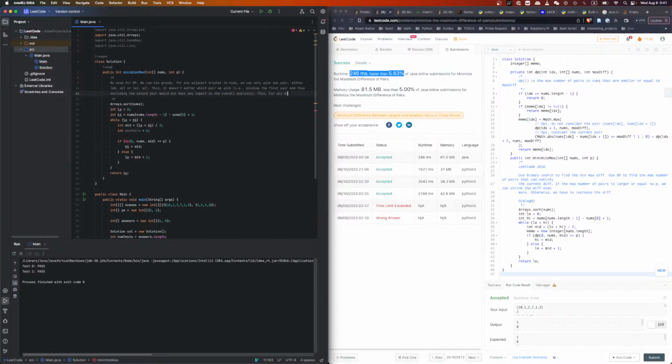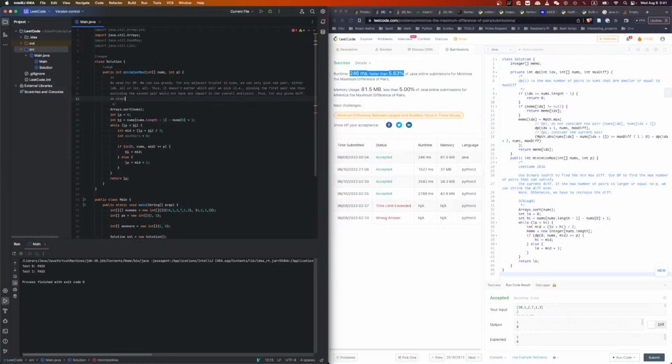Thus, for any given diff, we simply go through nums and always pick the first pair that has diff smaller or equal to the given diff. Right, now we say for int i equal to 0, i smaller than nums.length minus 1, i plus plus.